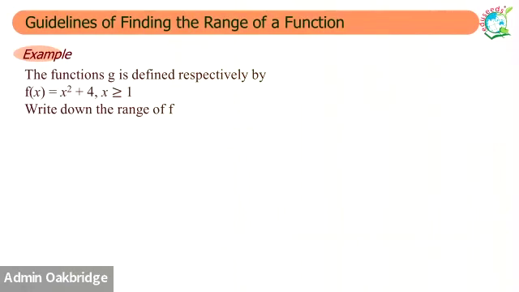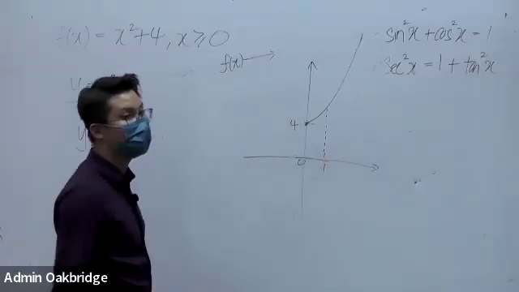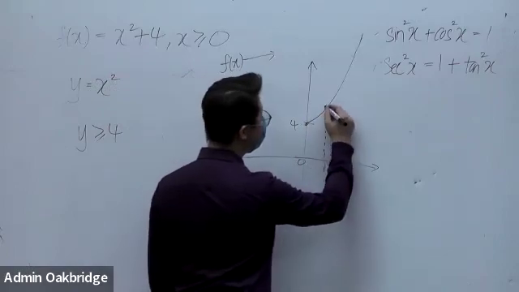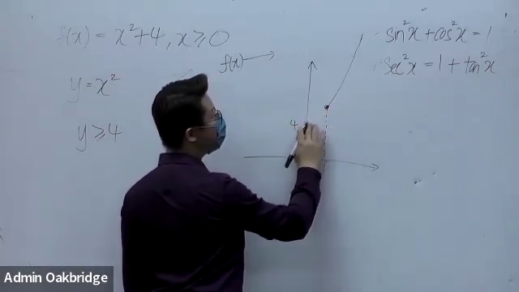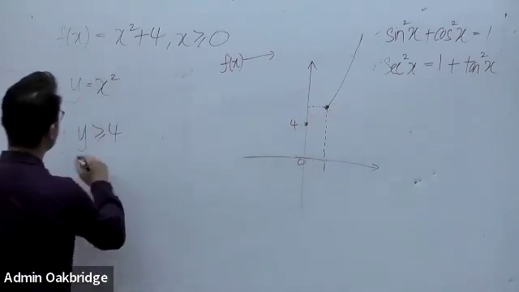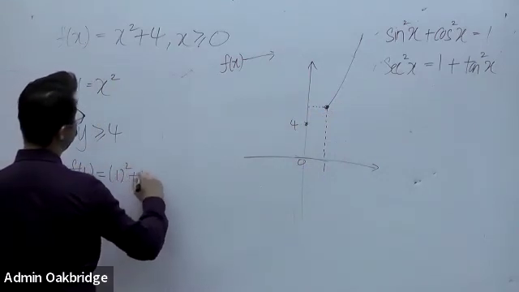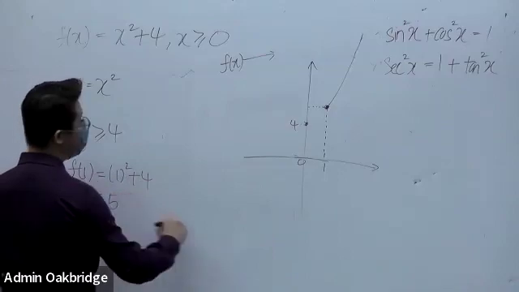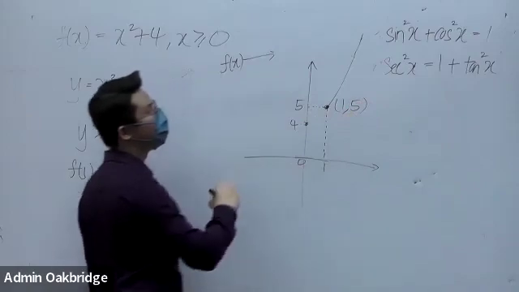Now the domain changes: x more than or equal to 1. Domain change right here. So we start from here. This part, we don't want anymore, so erase it. Then what is the endpoint here? What happens when x is 1? We have 5. This one is (1, 5).